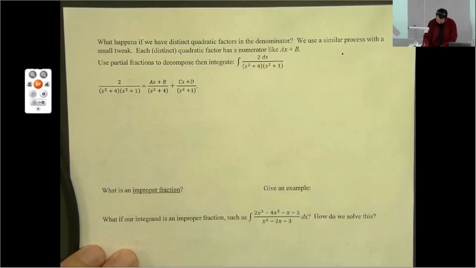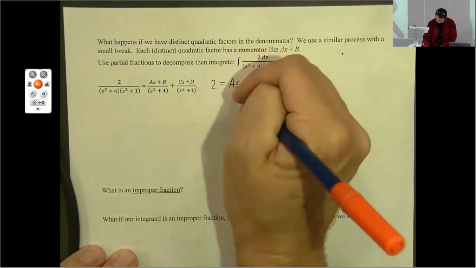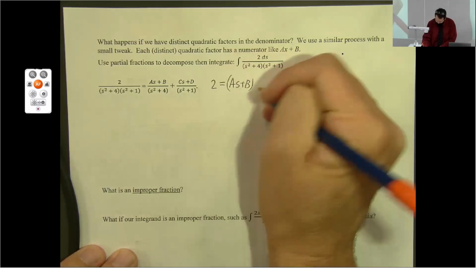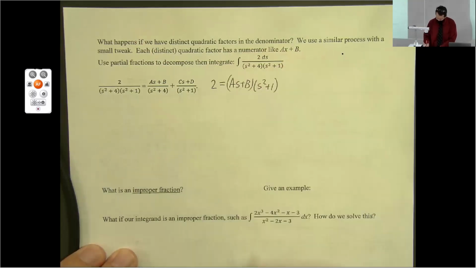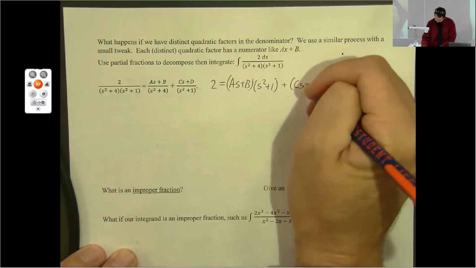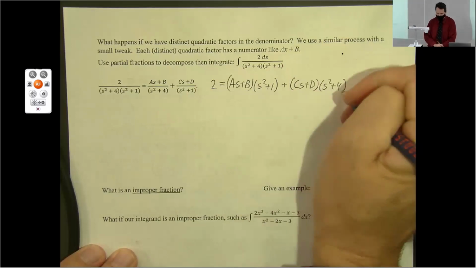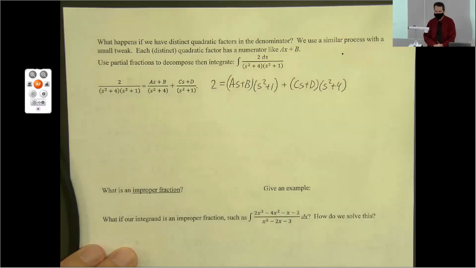And if I do that, we're going to get 2 equals (as plus b) times (s squared plus 1) plus (cs plus d) times (s squared plus 4). All right.